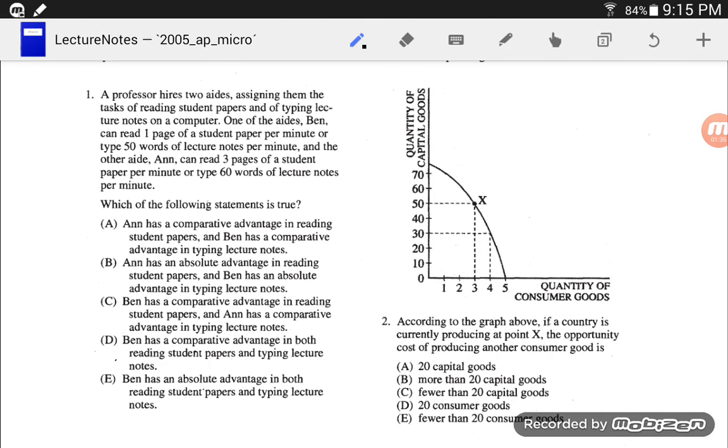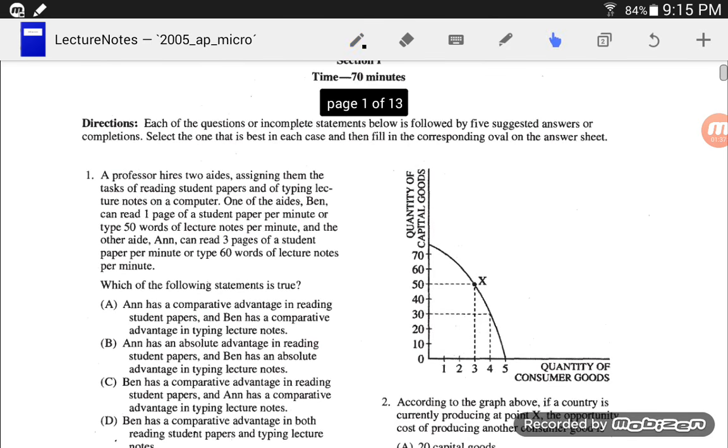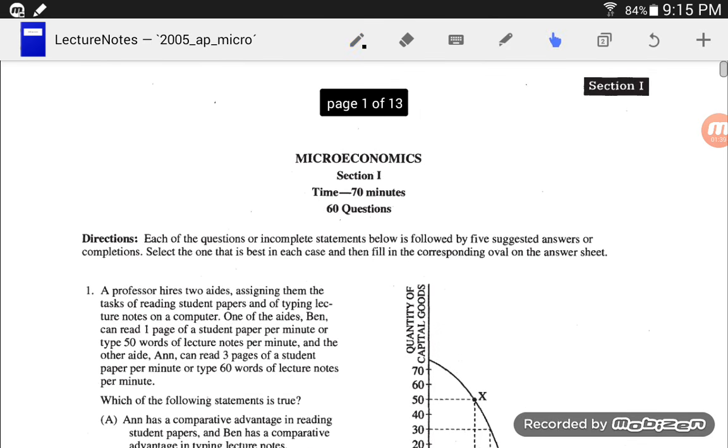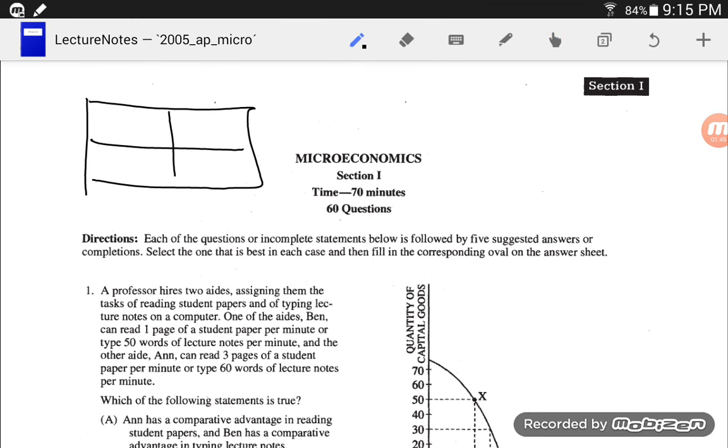And here's how I would go about solving it. I would draw a little chart here with Ben and Anne, and the two things they can do: read papers, or type notes. Always when I have a problem like this, I turn it into how much they can produce.